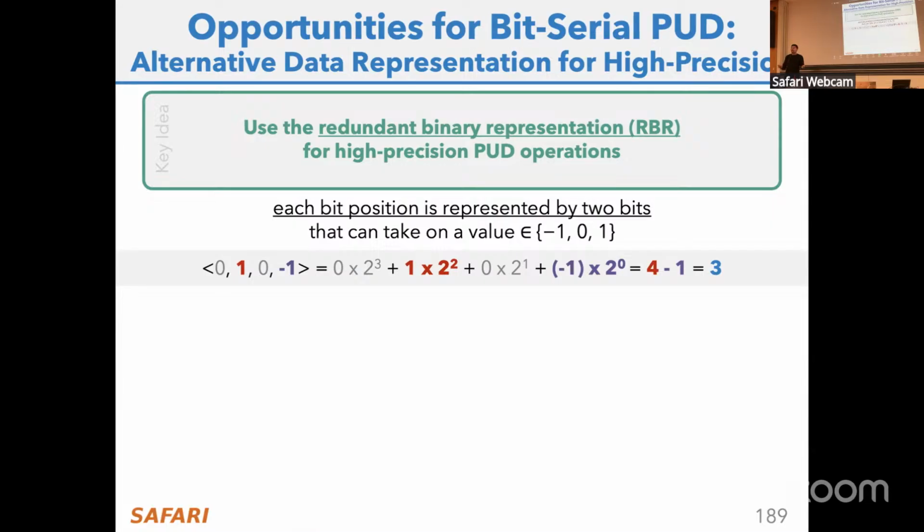And that is a data representation format called redundant binary representation, which uses the position of each bit to represent 2 bits. So instead of using 0 and 1, it uses 0, 1, and minus 1. It's only these 3. There is another one, it's 4. I forgot which one. Because 0 is represented twice. So 0, 1, 0, and minus 1 to represent a single digit.